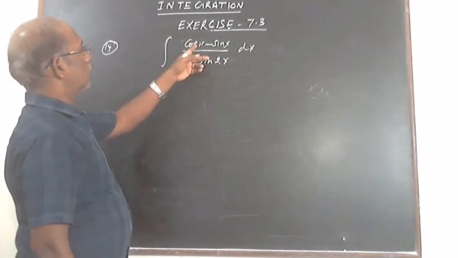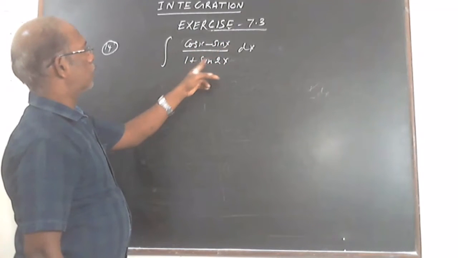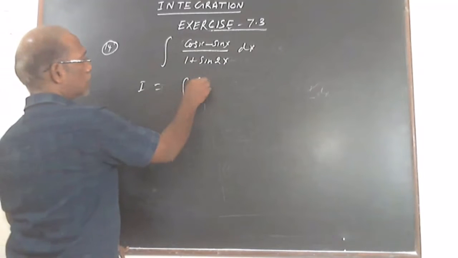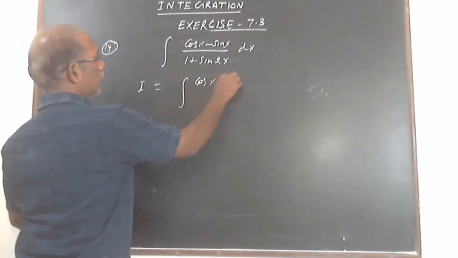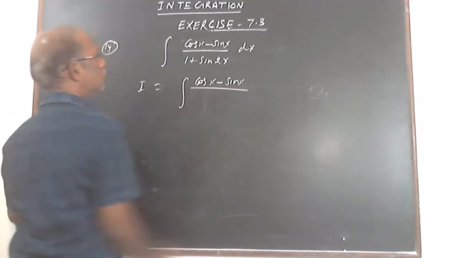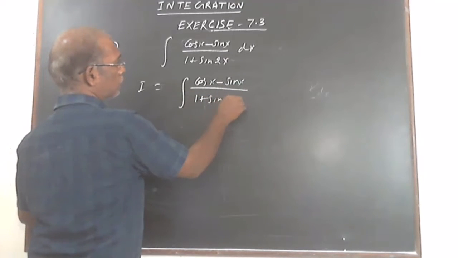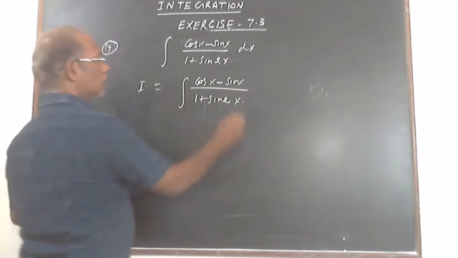I equals the integral of (cos x minus sin x) by (1 plus sin 2x) dx.